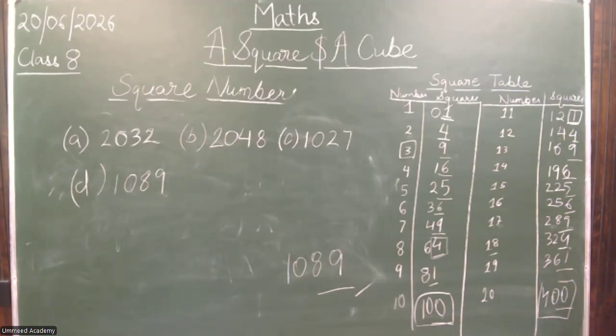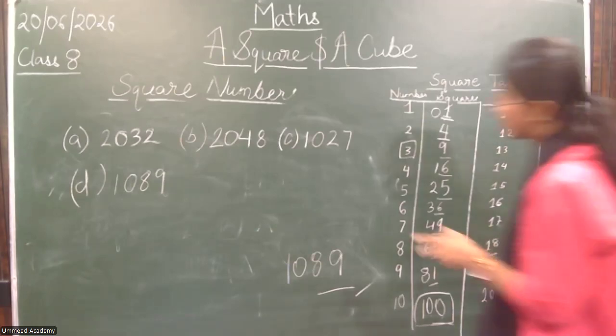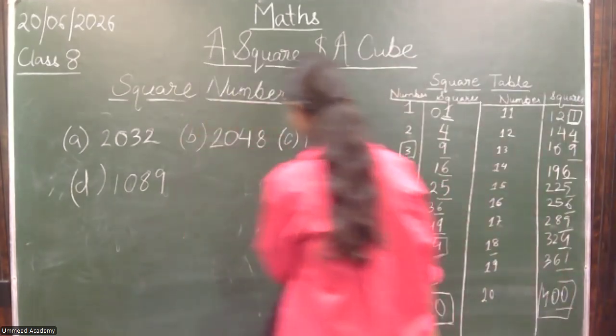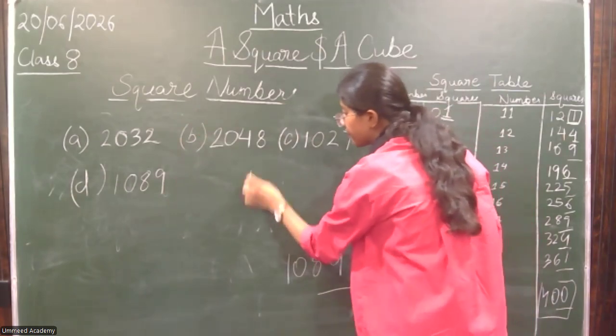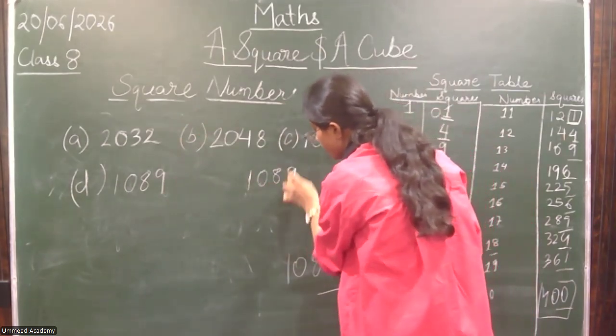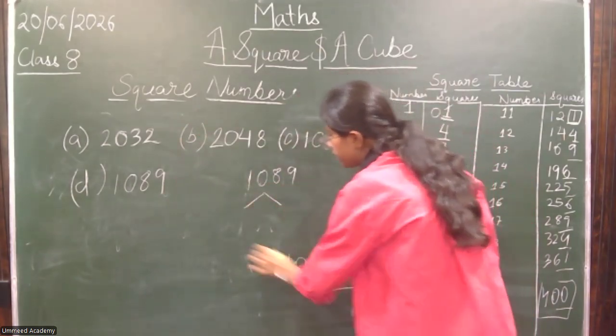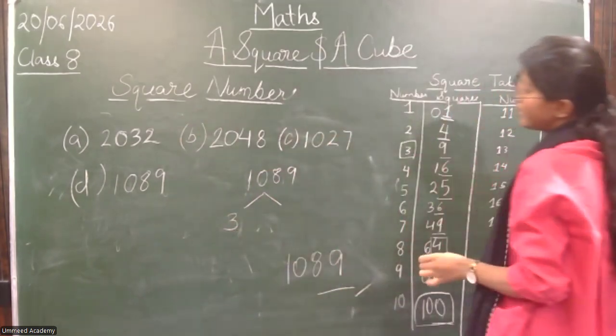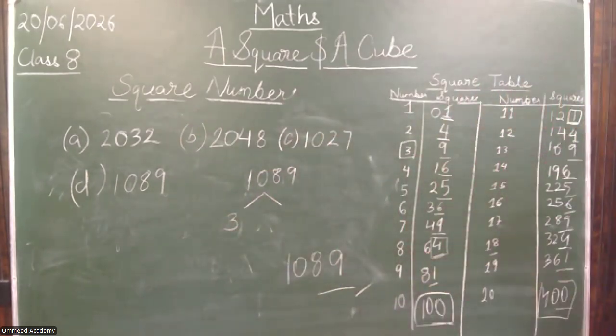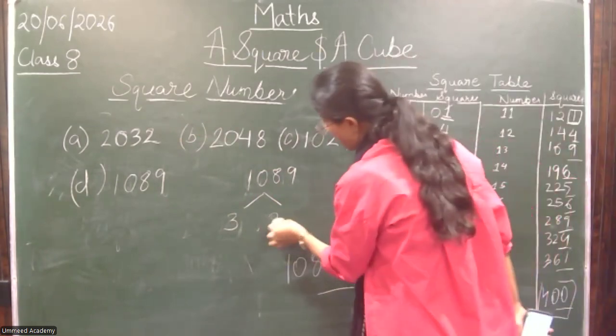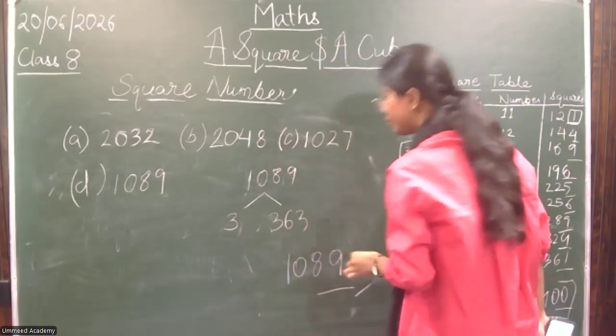See, on prime factorizing 1089, we get 3 into 363. 3 into 363 is 1089. Check. Yeah, ma'am, it is 3 into 363.